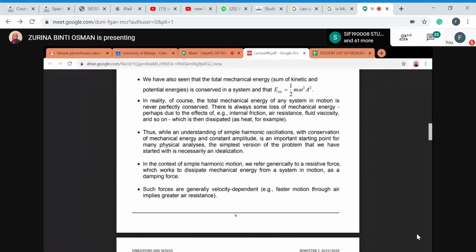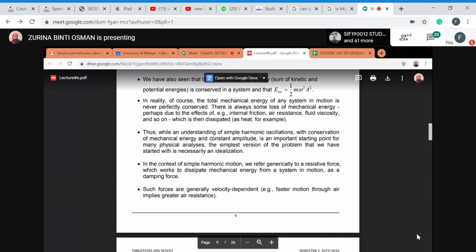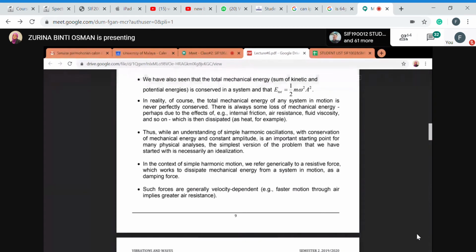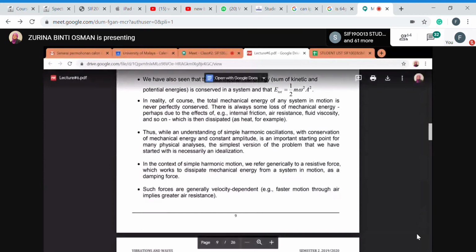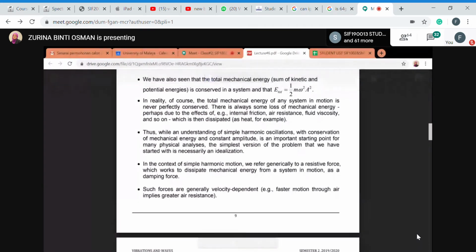So while understanding simple harmonic oscillation, with conservation of mechanical energy and constant amplitude, is an important starting point for many physical analyses, the simplest version of the problem that we started with is necessarily an idealization. So the system is ideal.